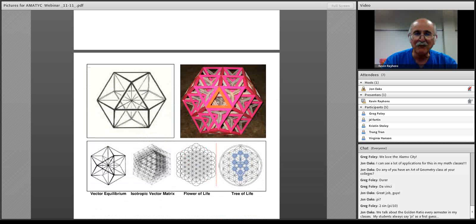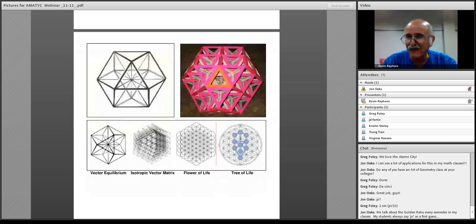But in this paper, they talk about some other things that are related. This word vector equilibrium is Buckminster Fuller's fancy name for the Cuboctahedron. And when you have a whole construction of it, it's called the isotropic vector matrix. And that has something to do with something called the flower of life and the tree of life.